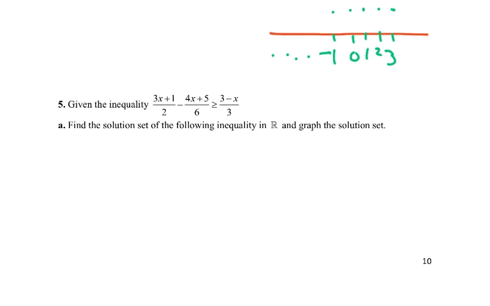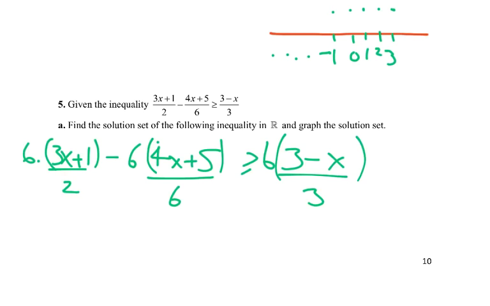So if you multiply everything by 6, we get this. And we end up with 9x plus 3 minus 4x, and this is where the mistake will happen. This minus applies to both of these terms. Minus 5 is greater than or equal to 2 times 3, 6, minus 2x.